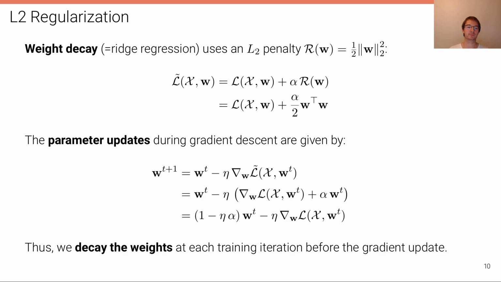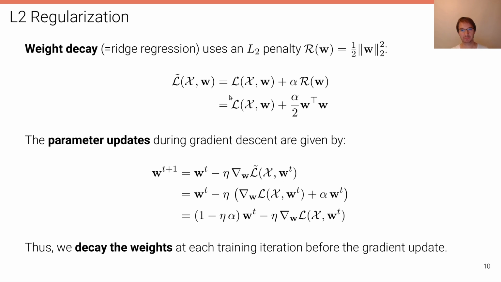Now, let's try to get some intuition about this. What does this do to our gradient descent optimization? The parameter updates during a gradient descent algorithm, such as stochastic gradient descent, are given by this equation here. The parameters at the next iteration are the parameters at the current iteration minus some step size, eta, times the gradient of the objective function with respect to the parameters W. So here's the combined objective function, L tilde.